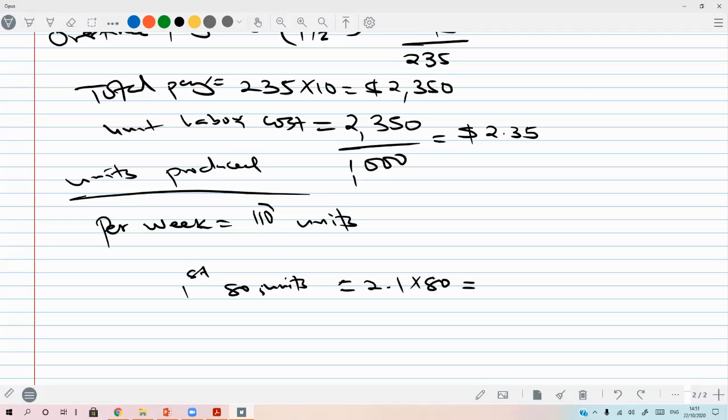Since the employee is producing 110, the extra units are 30, which is 110 minus 80. The pay will be equal to 30 units at 2.5 per unit, which gives us 75. And here, 2.1 times 80 gives us 168.